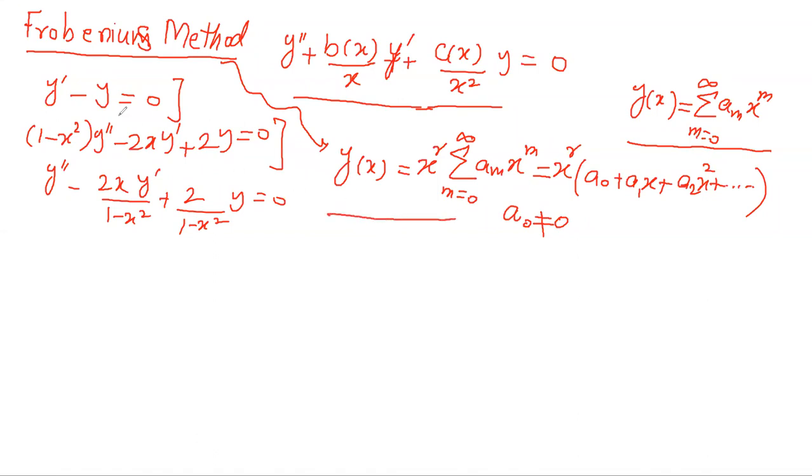Is it clear? What is the difference between the Frobenius method and the normal power series method?